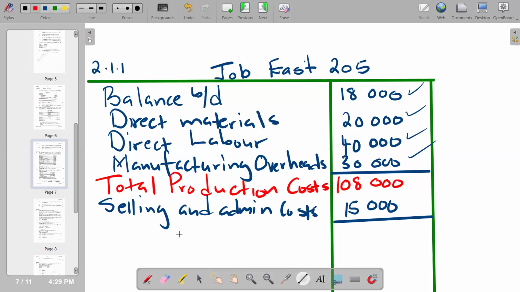So if you add the two, the figure that you are going to get becomes your total cost. So this is what we have. And then we add 108,000 plus 15,000 to get our total cost. So if you add the two, you're going to get this 123,000.